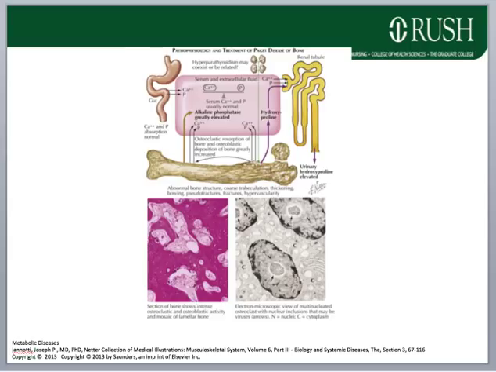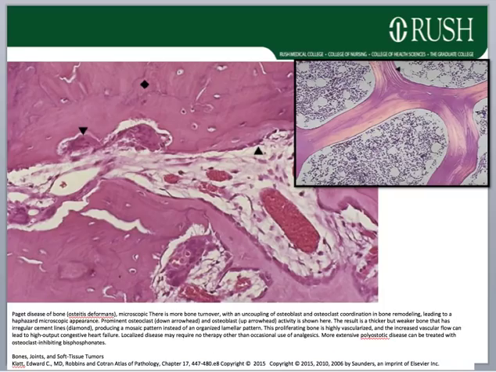So a viral etiology has been proposed, although not proven, for at least some cases of Paget disease.